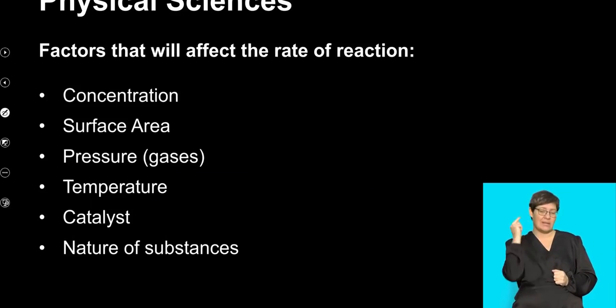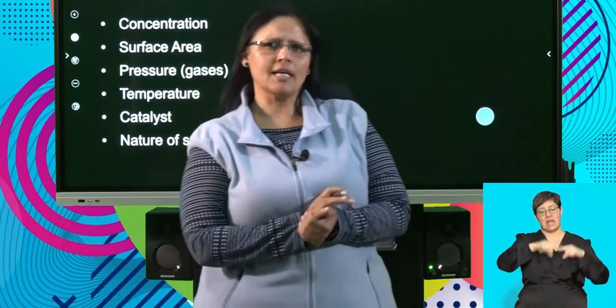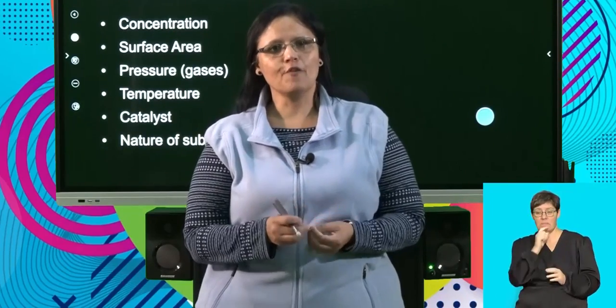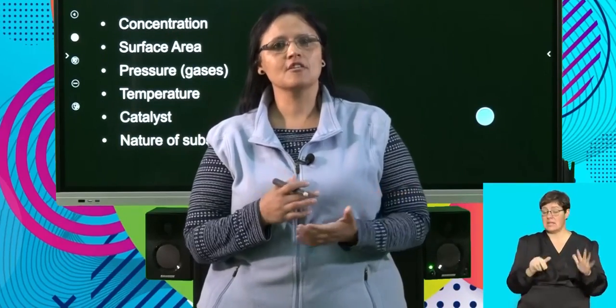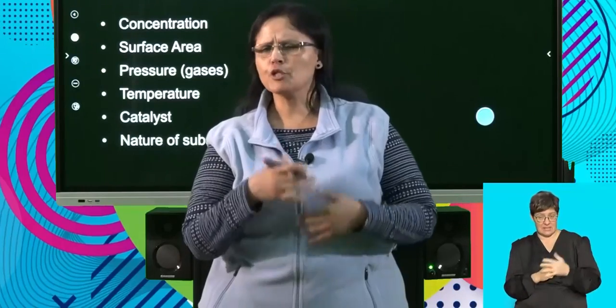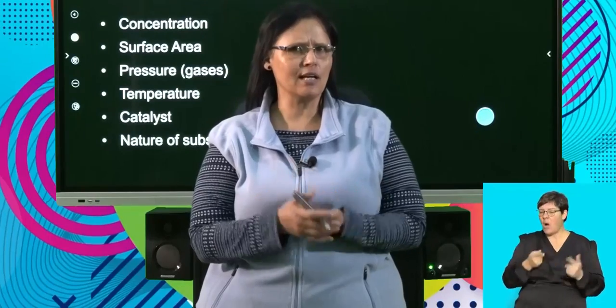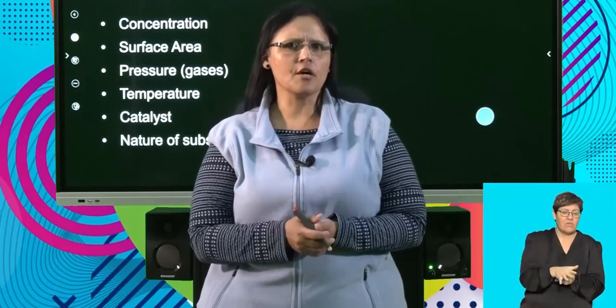Just a little reminder again, when we spoke about rates a few sessions ago, we said that the rate of a reaction can be affected by 6 different factors. We also spoke about the collision theory and how these factors specifically have an influence on the rate.